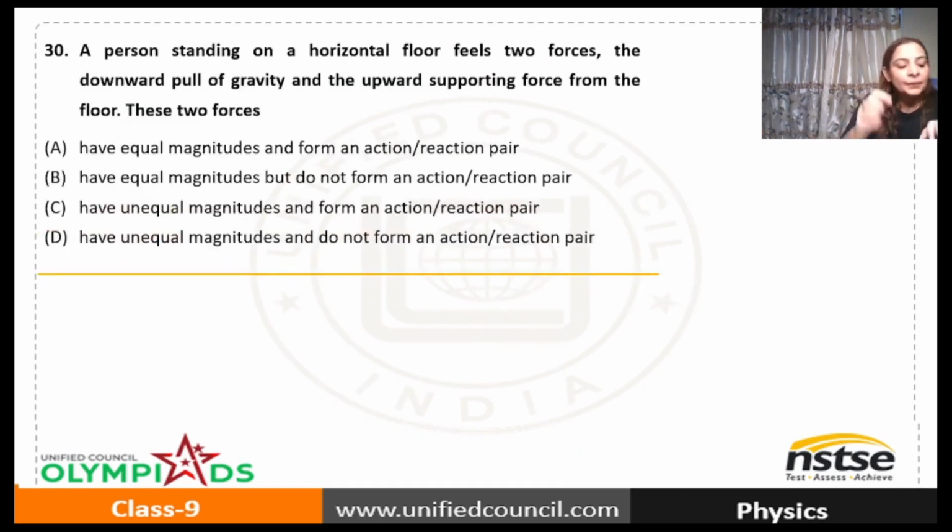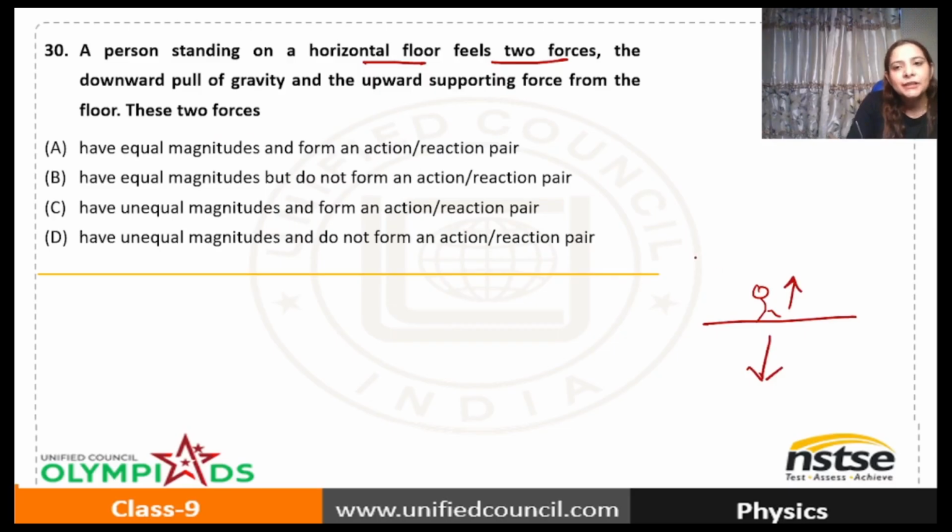Next question. A person standing on a horizontal floor feels two forces: the downward pull of gravity and the upward supporting force from the floor. So a person is standing, let's say, and experiences two forces, one towards the ground due to gravity and an upward supporting force from the floor.